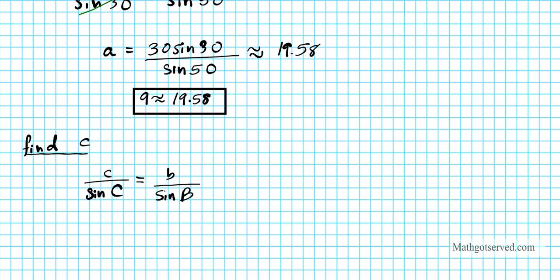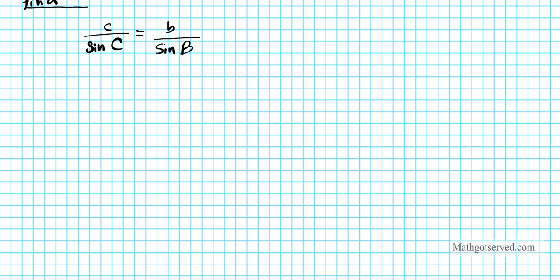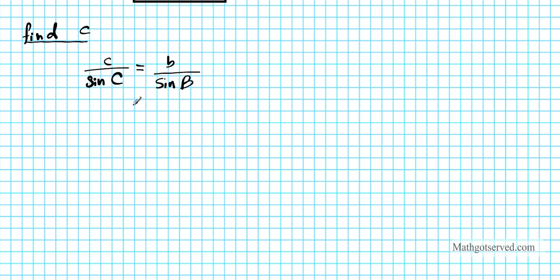With that in mind, let's make our substitution. We should have only one unknown since we have one equation. Little c, we do not know what it is, over sine big C, which is sine 100. That was the first answer we found. Equals little b, which is 30, over sine 50.